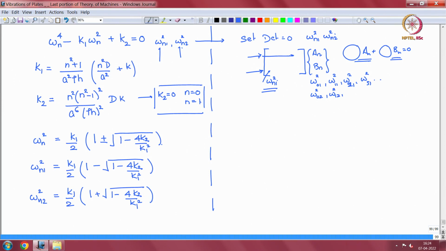Okay. Now it will turn out that for one set of natural frequencies, an by bn is much greater than 1, and in the other set of natural frequencies, bn by an is much greater than 1. Okay.